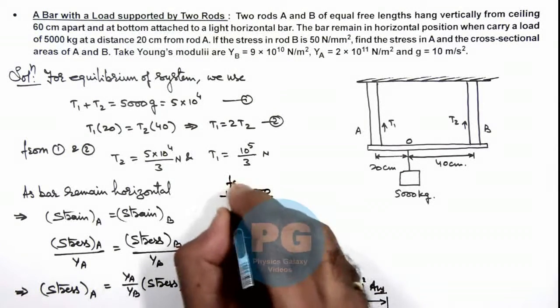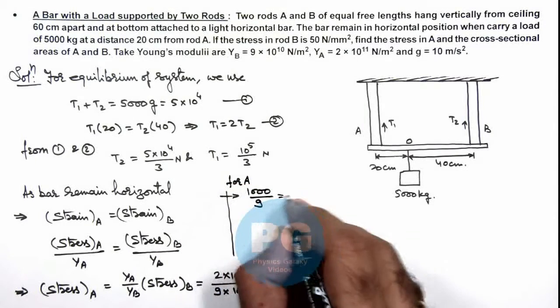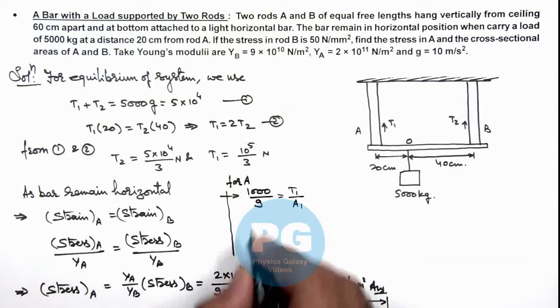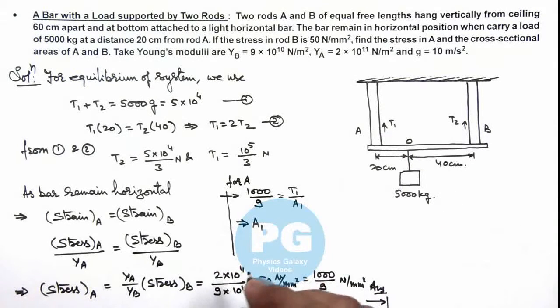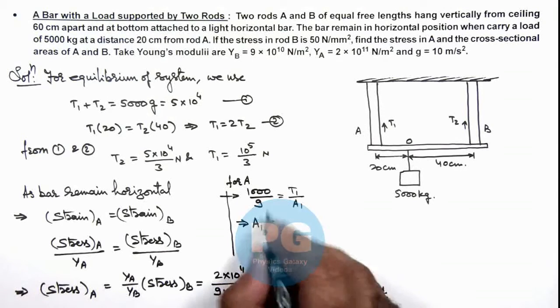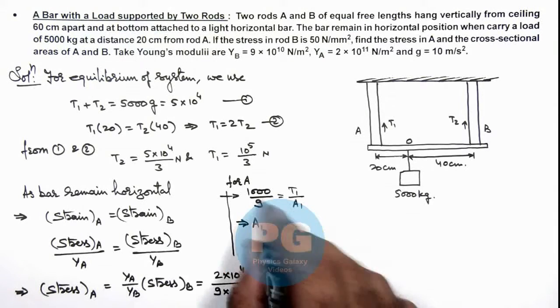This we can write for A: 1000 by 9 will be equal to T1 by A1, which will give us the cross-sectional area of rod A. So the value of A1 is T1 divided by 1000 by 9.